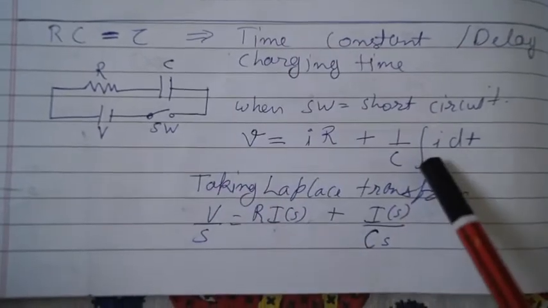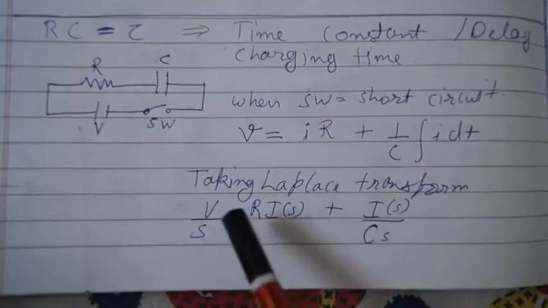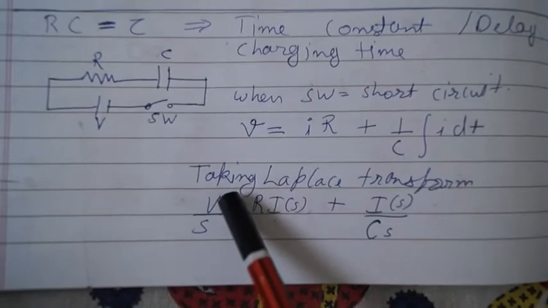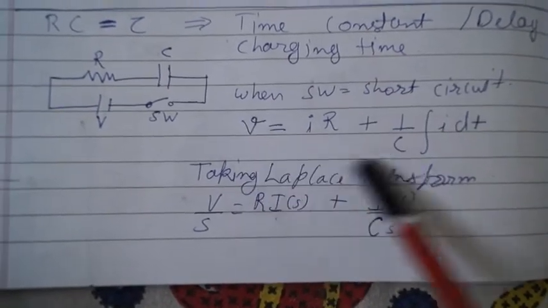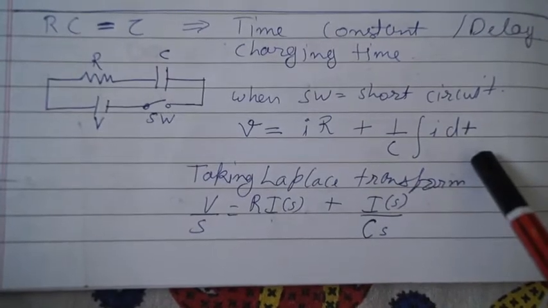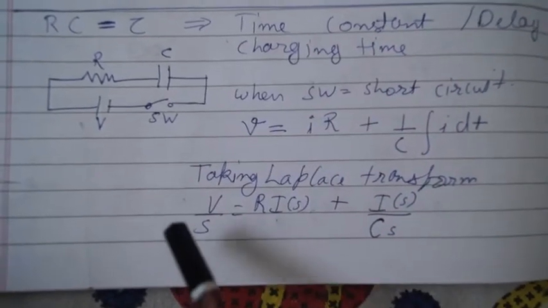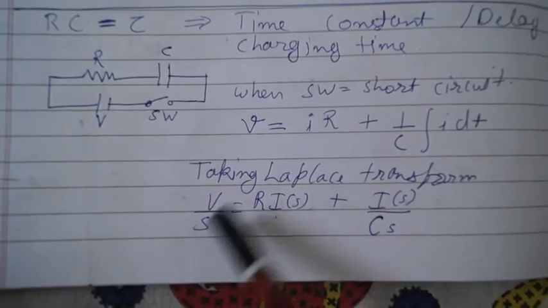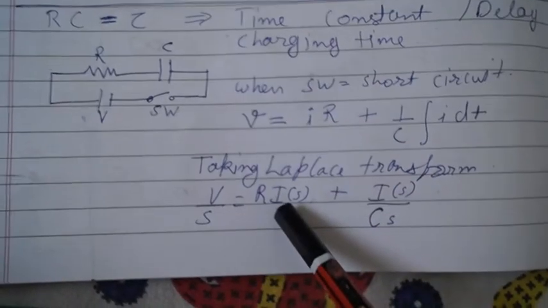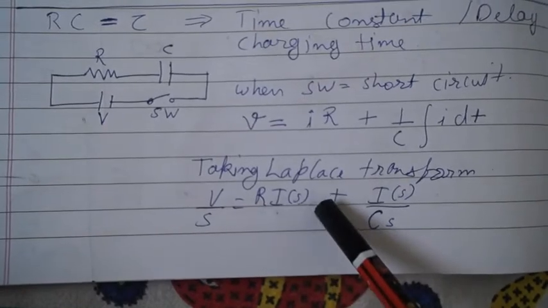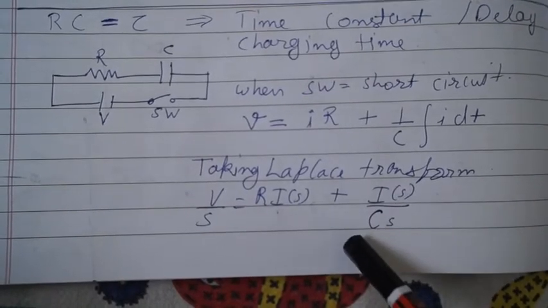If we now take the Laplace transform to solve this integration, since it is a constant voltage source, we get V by S equals R I(s) plus I(s) divided by C into S.